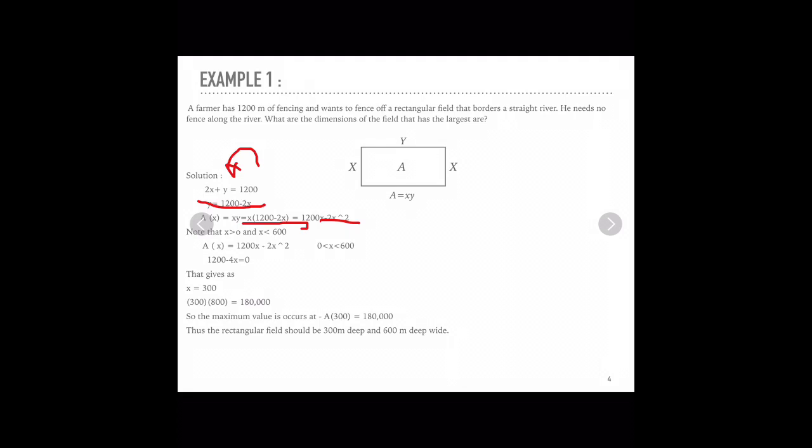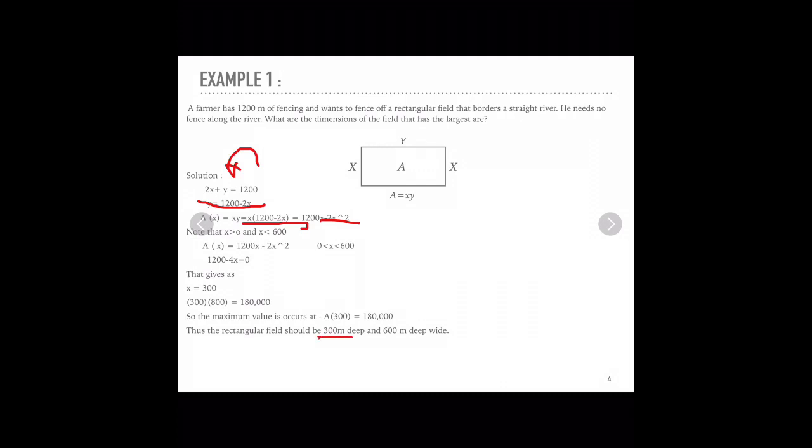O ginamit ko po kasi is 2(x plus y). So substitute natin. So yung given yung P. So yung P is 100 meters. So 100 meters equals 2(x plus y).